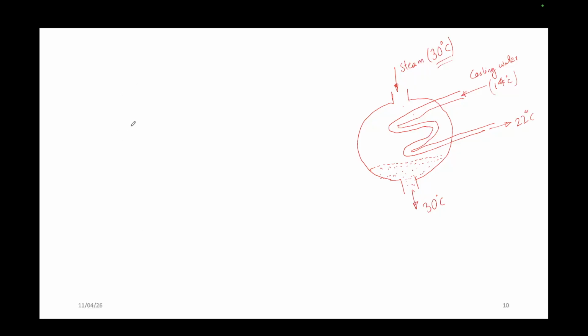In the question, another thing is given: the surface area of the tubes is 45 meters squared, and the overall heat transfer coefficient U is given.